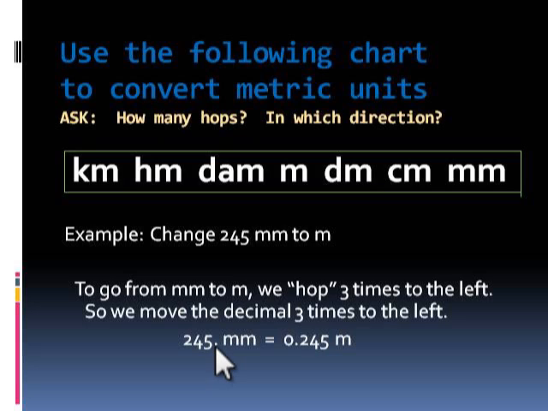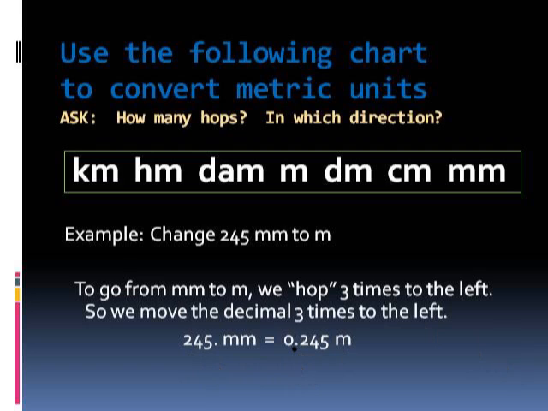So we're going to hop 3 times to the left, or move our decimal 3 times to the left. So 1, 2, 3. So 245 millimeters is equivalent to 245 thousandths of a meter, or 0.245 meters.